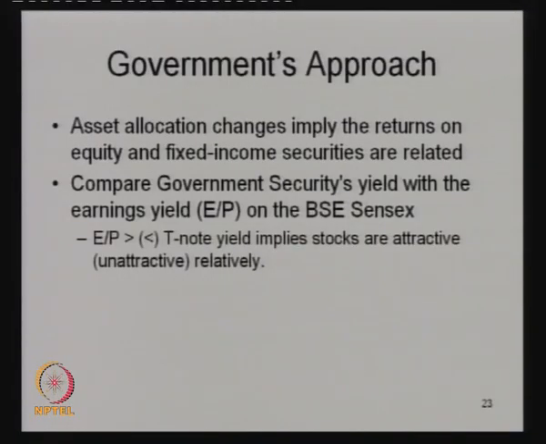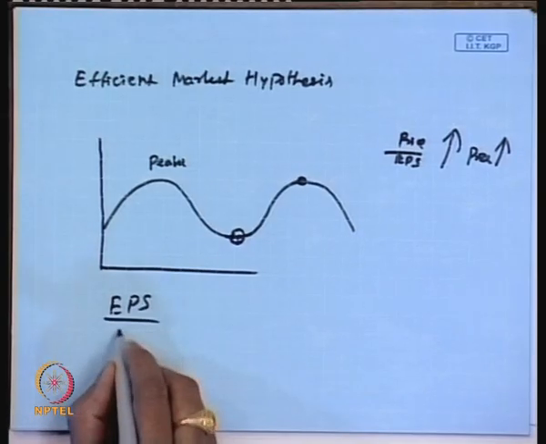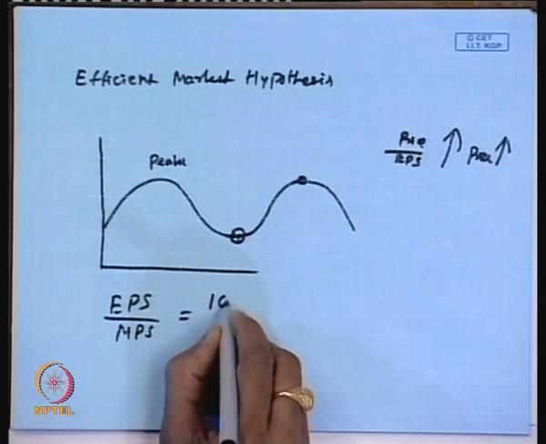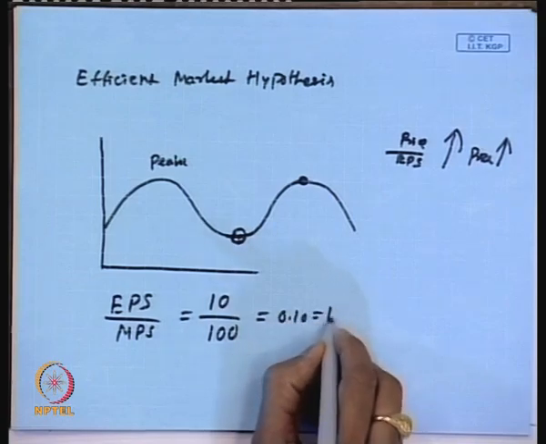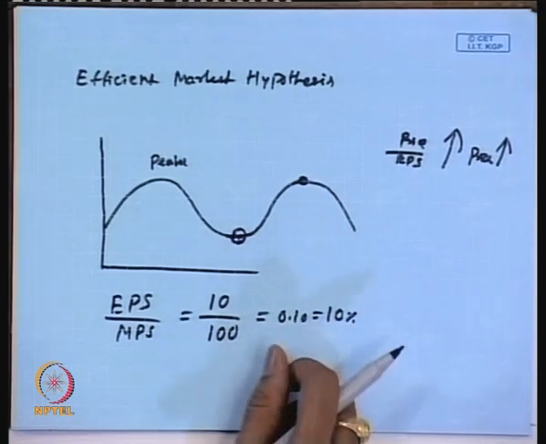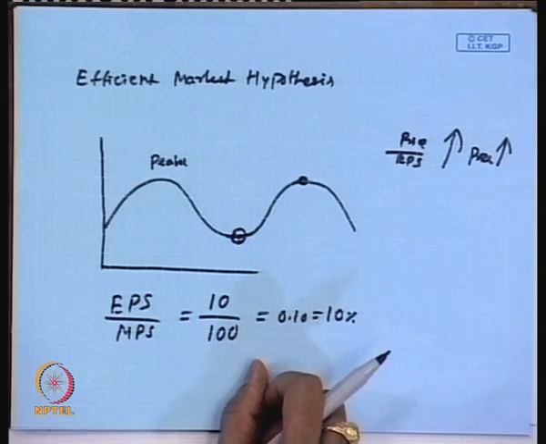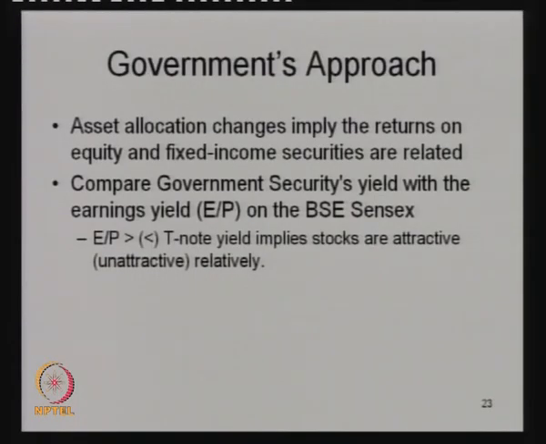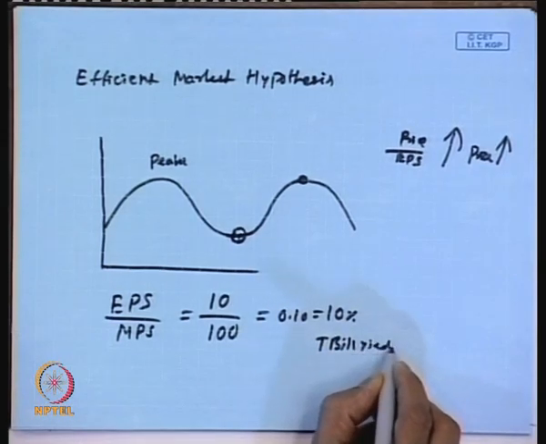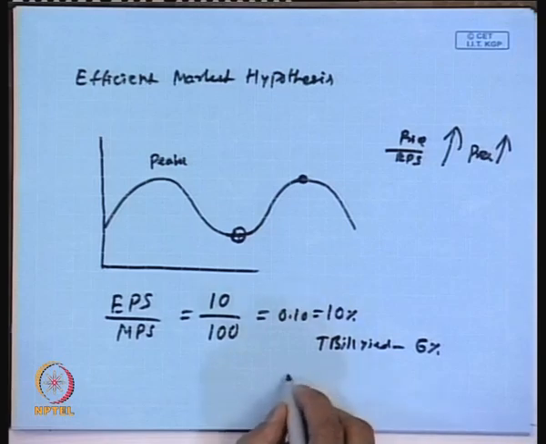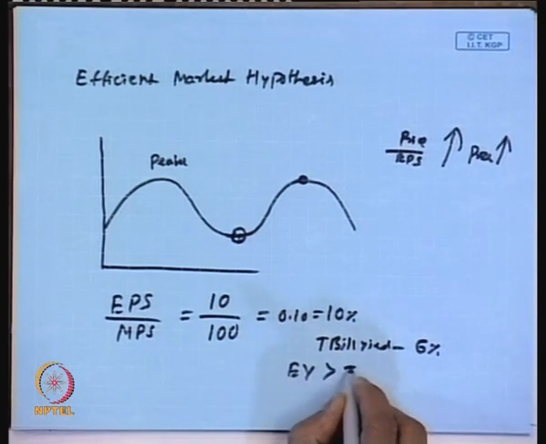So, the expectation is going to be a little higher than the government bond, which is supposed to be a risk free investment. Now, one can compare this government securities yield with the earnings yield, that is E by P, which is nothing but EPS by market price per share. So, if the earnings per share is 10 and market price is 100, the earnings yield is 0.10 or 10%. If the earnings yield is more than the bond or treasury note or the government security yield, let us say the T bill yield is 6%, then obviously the earnings yield is more than the T bill yield.